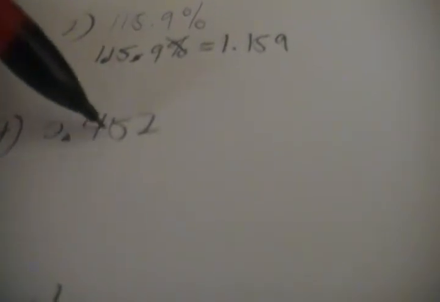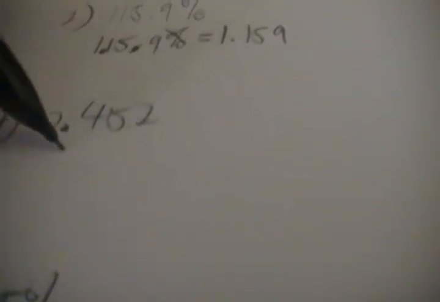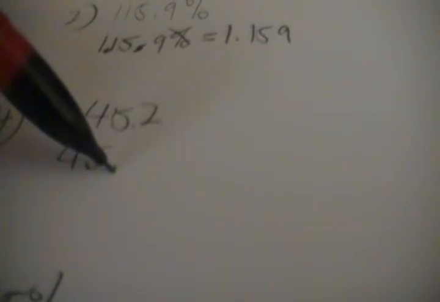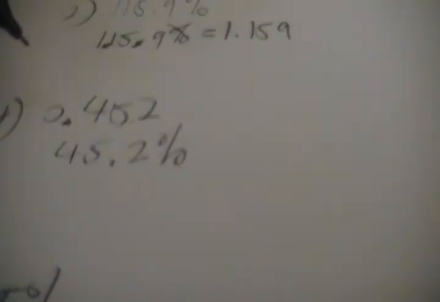So here, 0.452, we're just going to move the decimal point 2 spots. So this becomes 45.2%. That's all I did, was move the decimal point 2 spots. Let's try another one. Let's try 0.1. Pause the video.